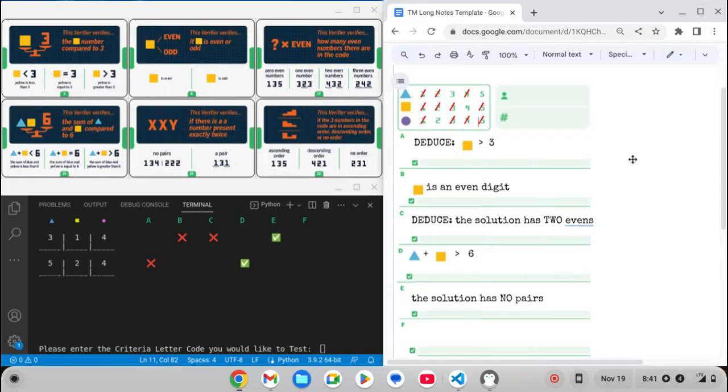So let's see again, can we somehow deduce whether it's no order or if it's decreasing? Anything? Nothing really comes to mind.